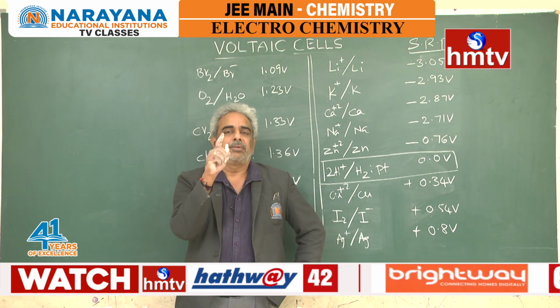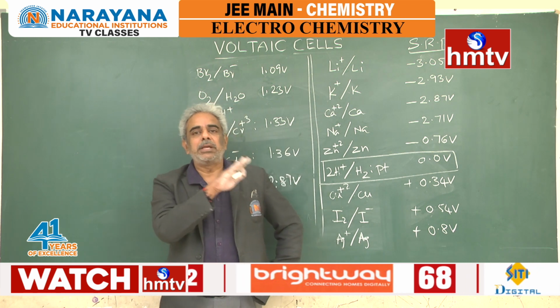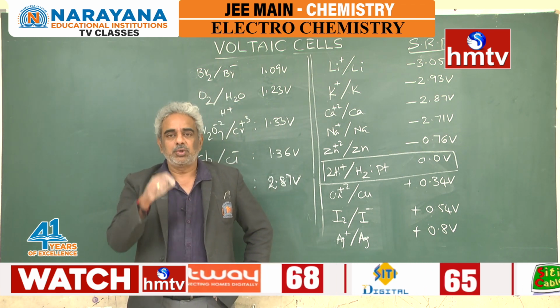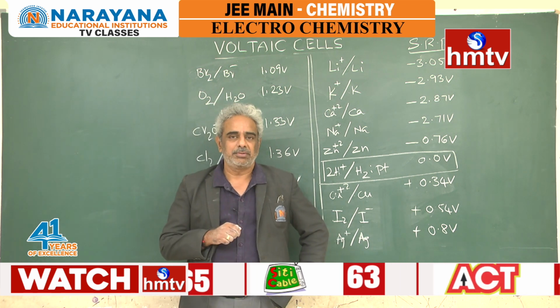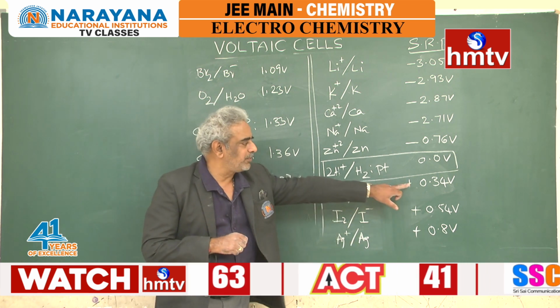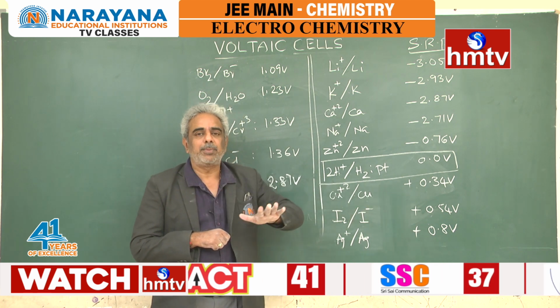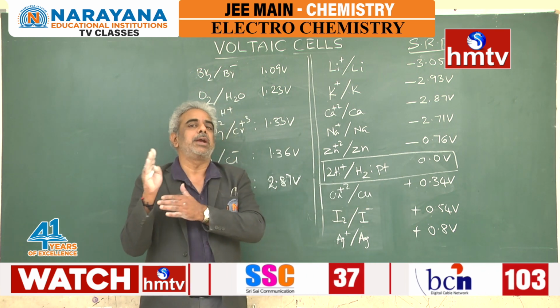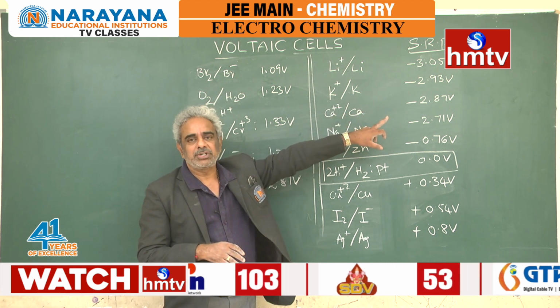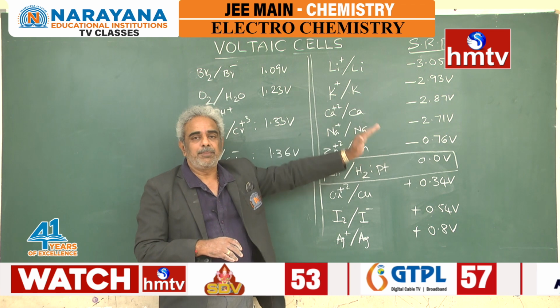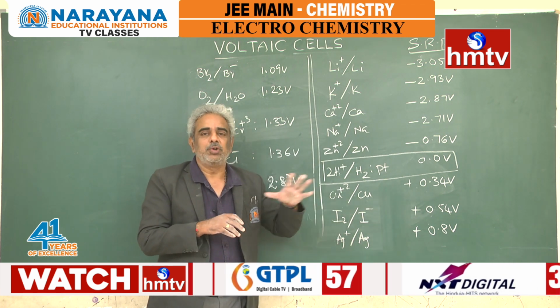So these metals cannot replace hydrogen from acid solutions. Metals with negative reduction potential are capable of replacing hydrogen from acid solutions.